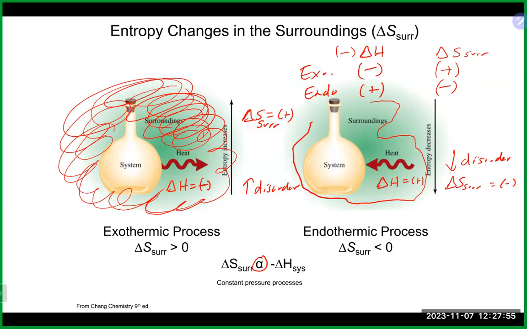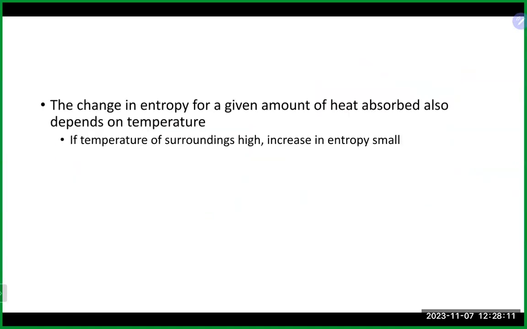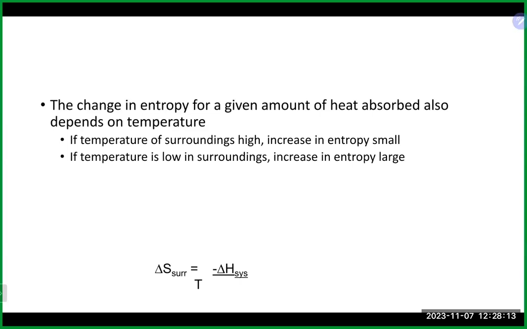But in normal times, like the match in the room situation, you could feel the heat coming off, so it does make a difference. Under normal conditions, we will see this exchange of heat versus the delta S of the surroundings. But if the temperature of the surroundings is very high to begin with, you might not see as big of a change in the entropy.